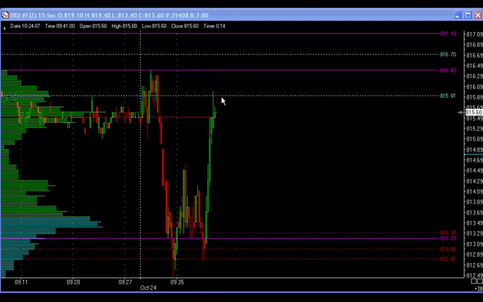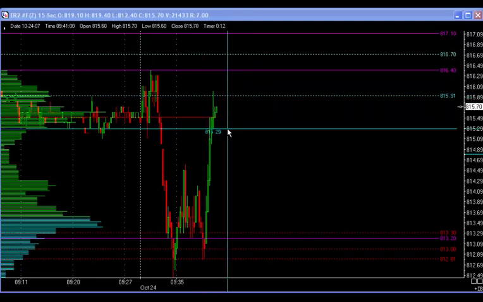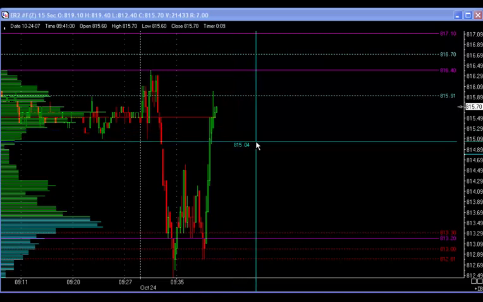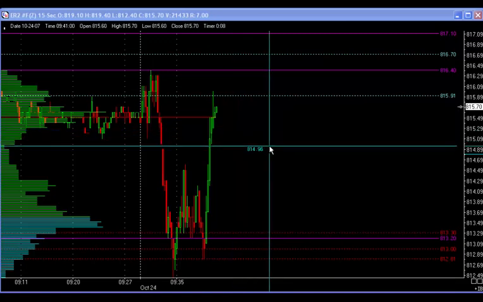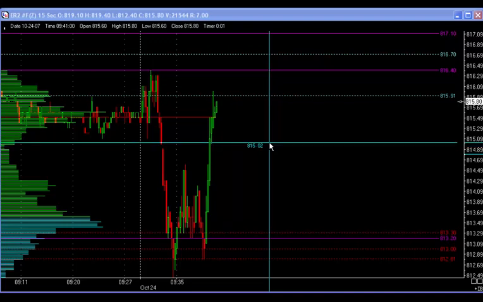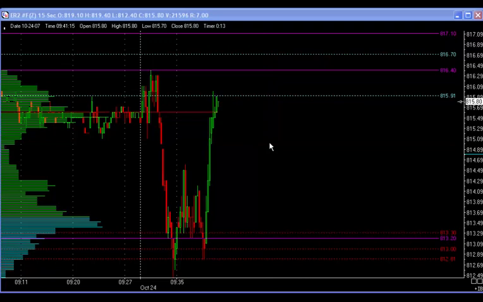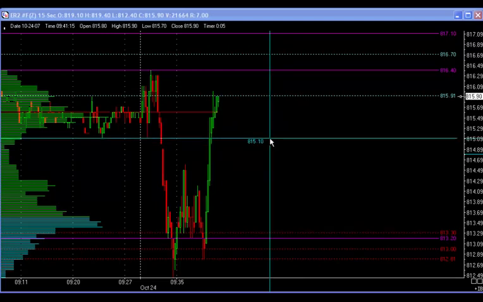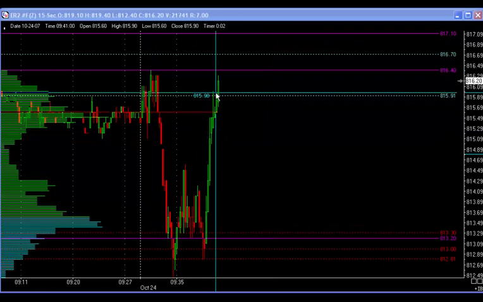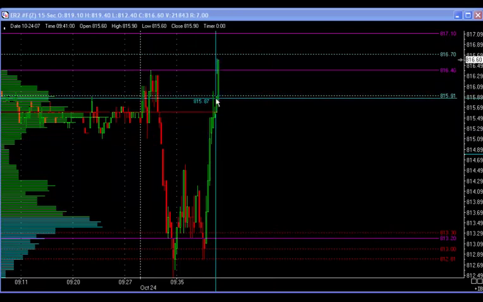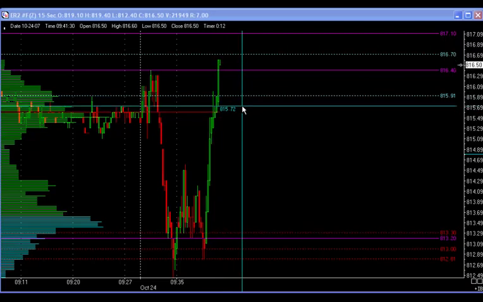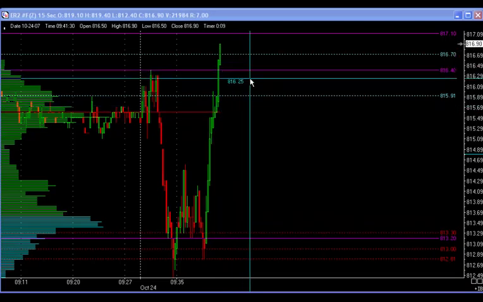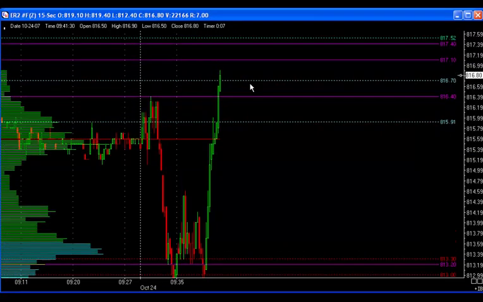Took the bounce off 815.91. Notice this is the second time that we came to the 815.91 price. Here 816.70. Will we take the bounce off there?